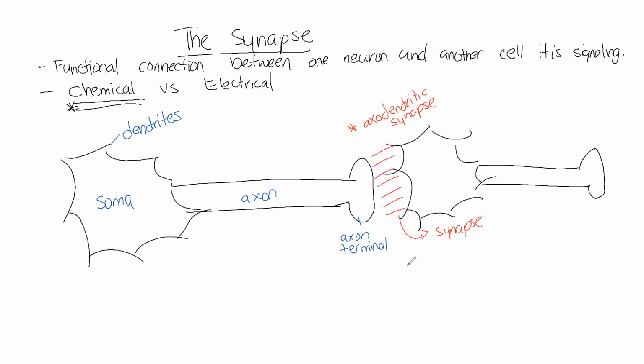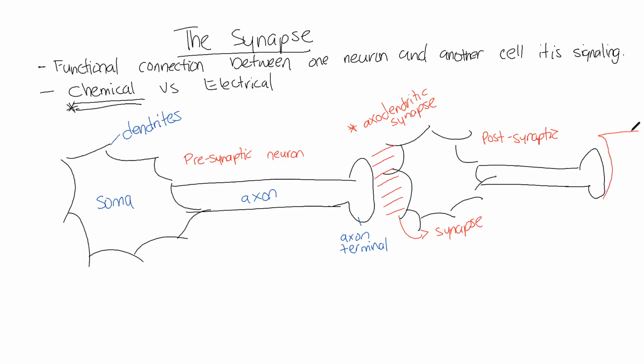Okay. So this is our synapse. And so we can also label these two neurons just for clarity. So this one is called the presynaptic, and then the postsynaptic. Now, the other types of synapse are if that neuron is not signaling another neuron, but if it's signaling another type of cell.